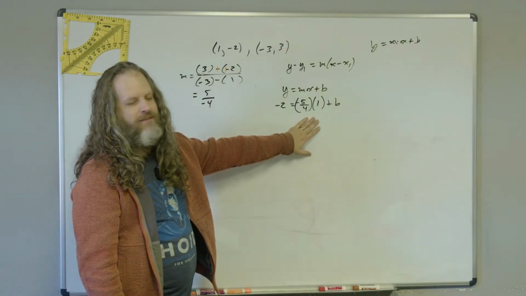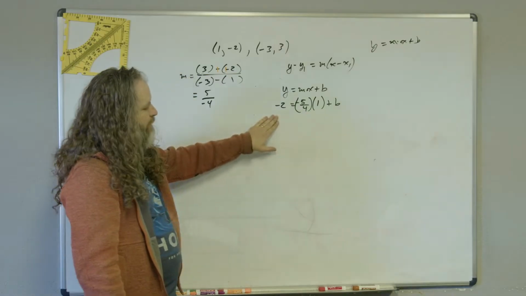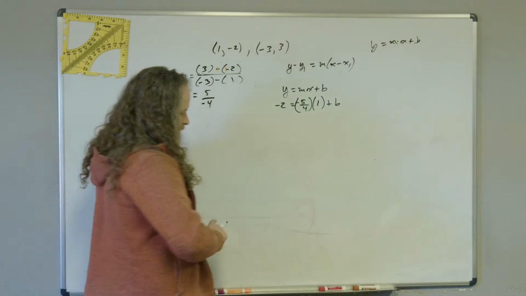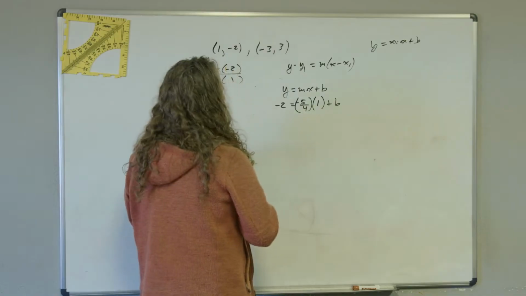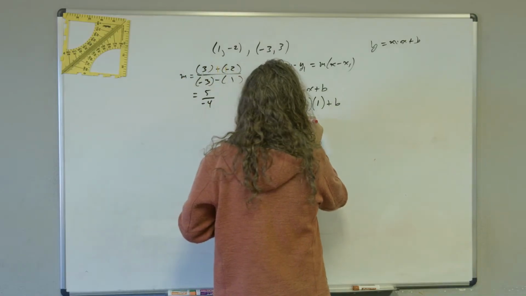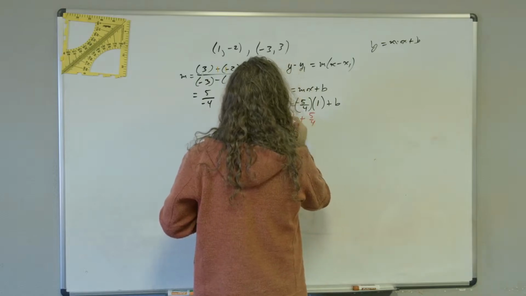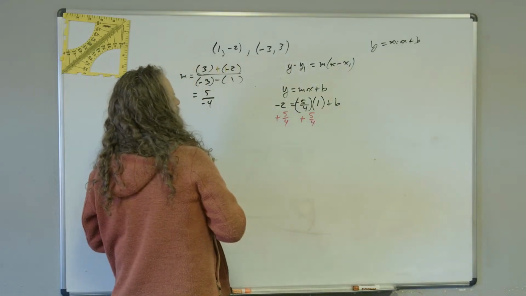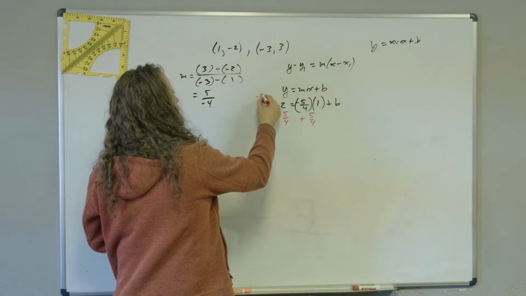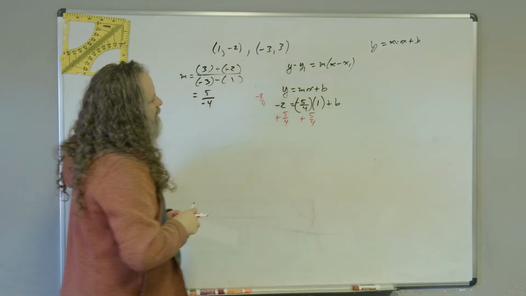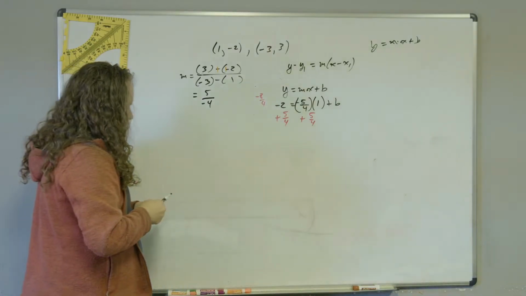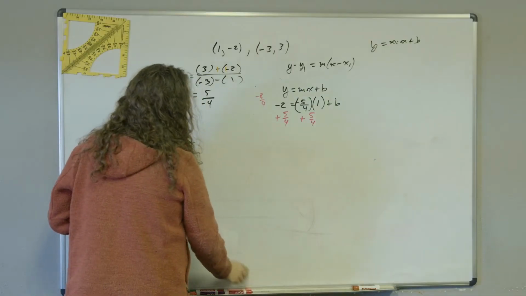That's easy money, right? And then you add 5/4 to both sides instead. So we add 5/4. -2 is -8/4, right? So it's -2 plus 5/4, which is -3/4.